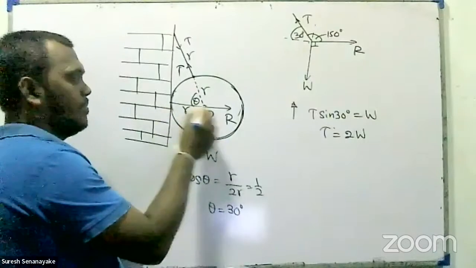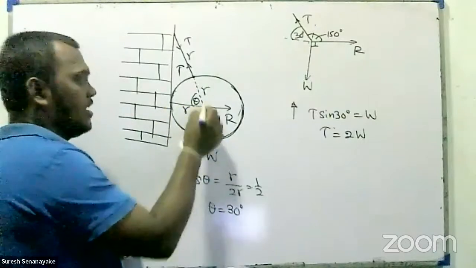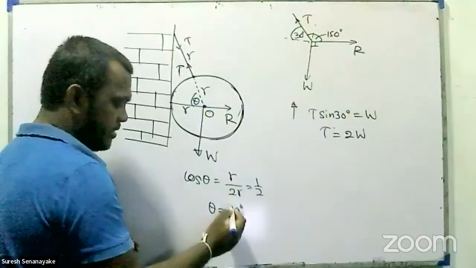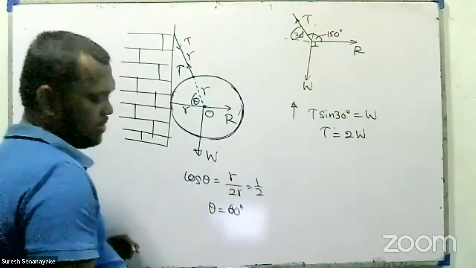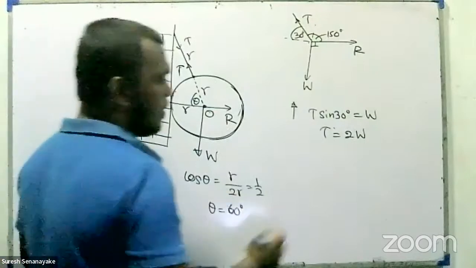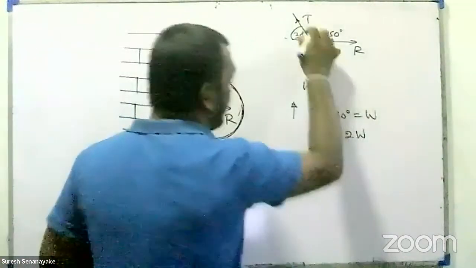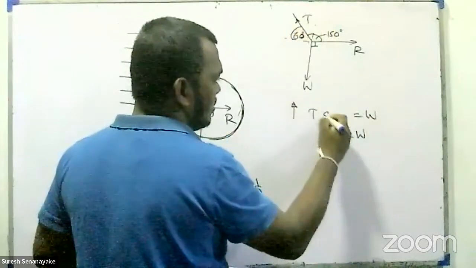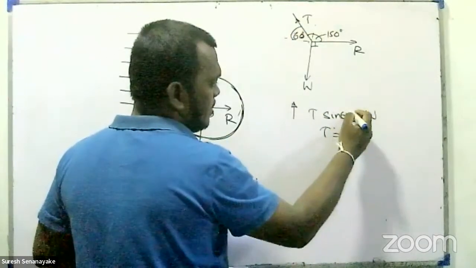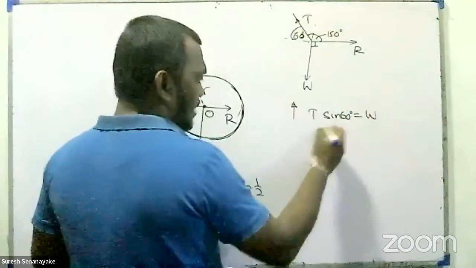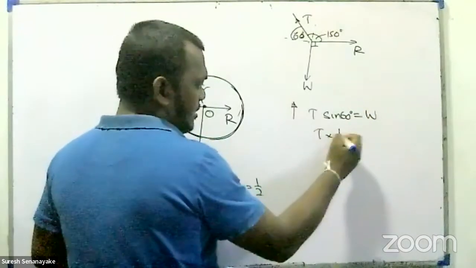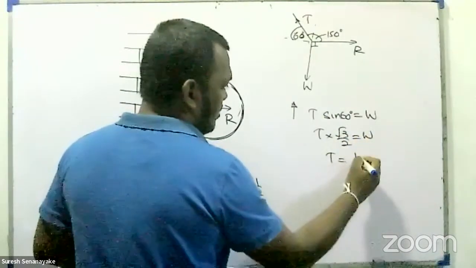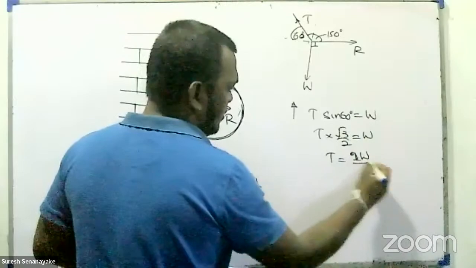So T sin 60 equals W, with sin 60 being root 3 over 2. Then the tension T equals 2W over root 3.